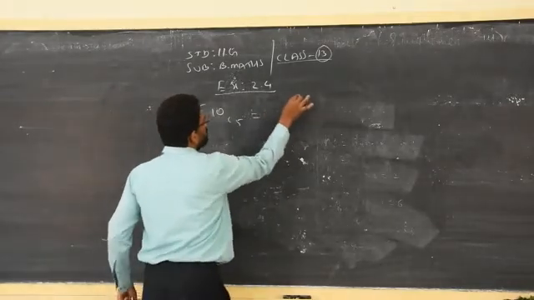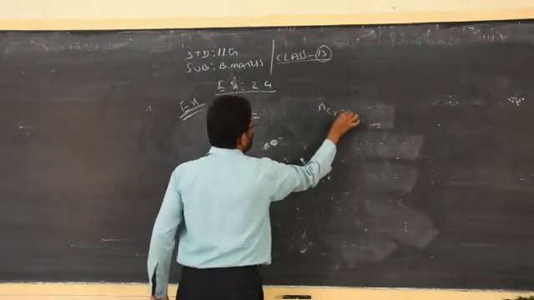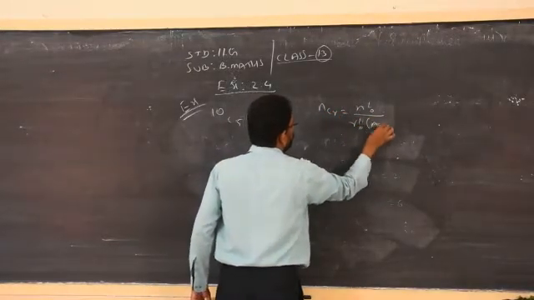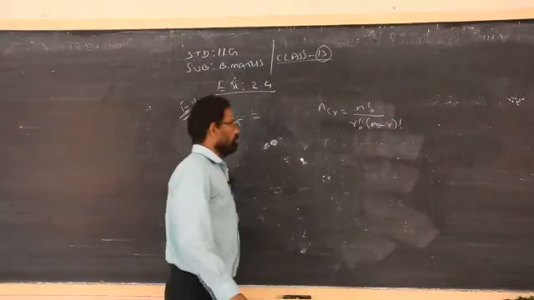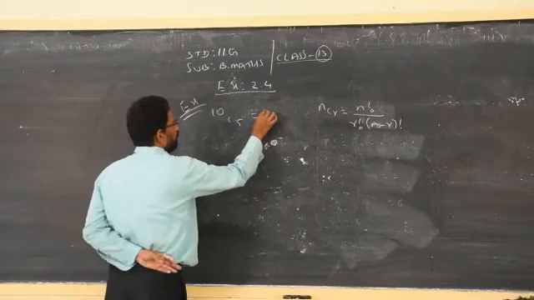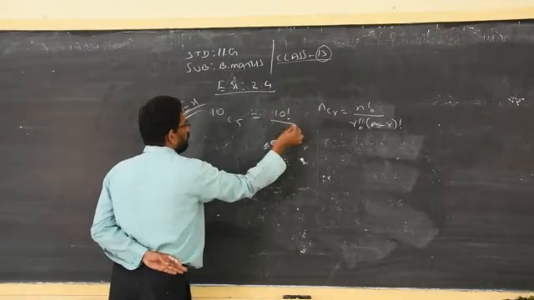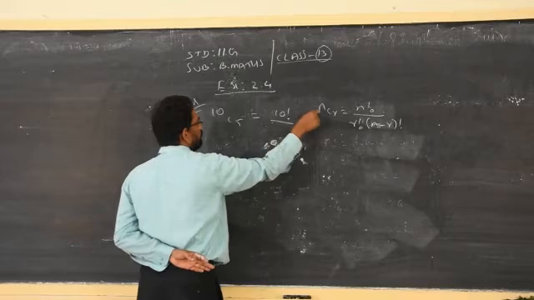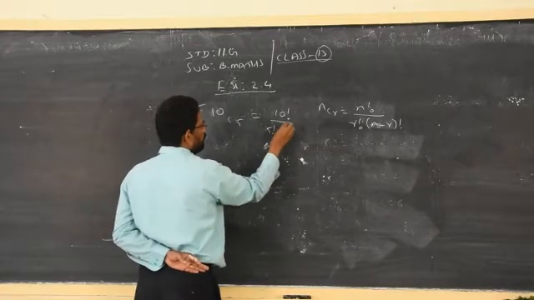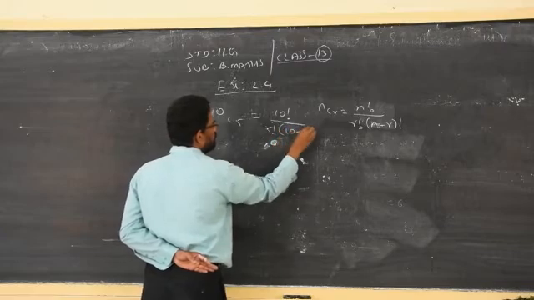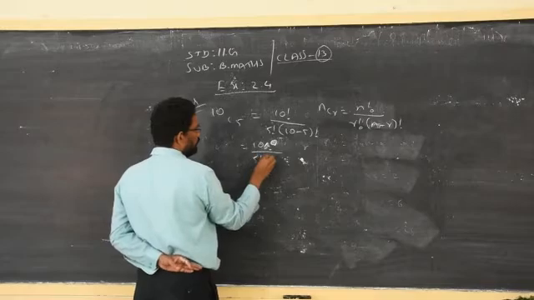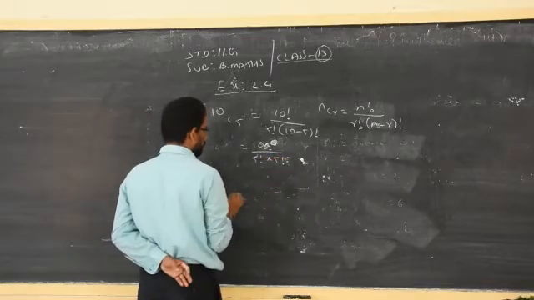So what is the nCr formula? nCr is equal to n factorial by r factorial into n minus r factorial. This is the formula for nCr. So in the place of n you have to write 10, that is 10 factorial. I am comparing with the formula. n is replaced by 10, r is replaced by 5. So 5 factorial into 10 minus 5 factorial. So you will get 10 factorial by 5 factorial into 5 factorial.